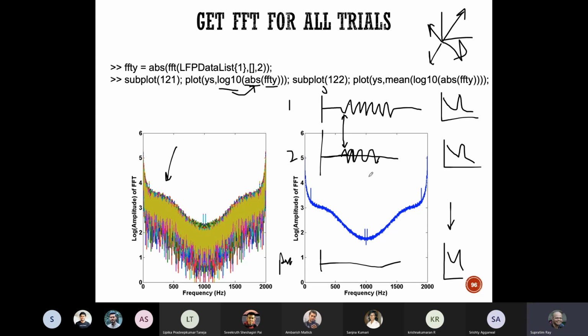But that's not what you are doing. You are looking at the average of the absolute value of the FFT. Because using this absolute value, as long as the component is present, even if it is not phase aligned, averaging doesn't remove that component.